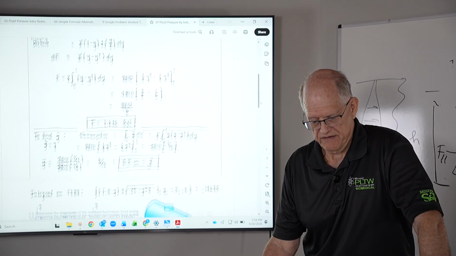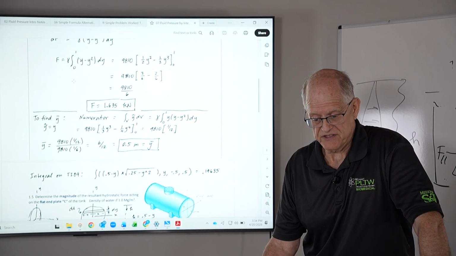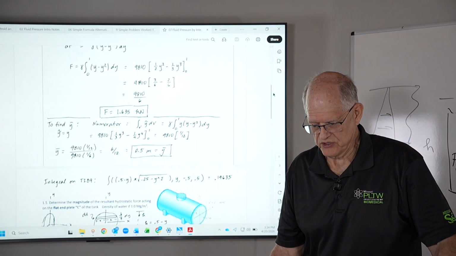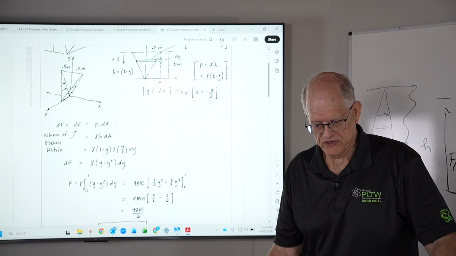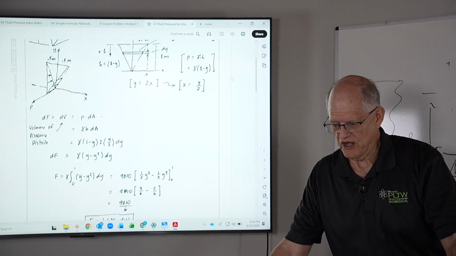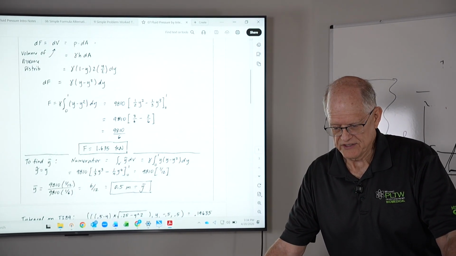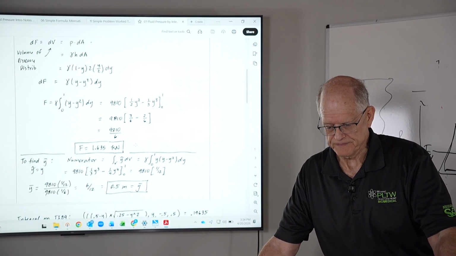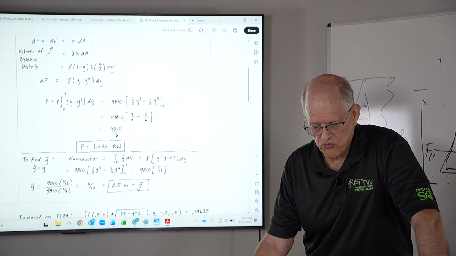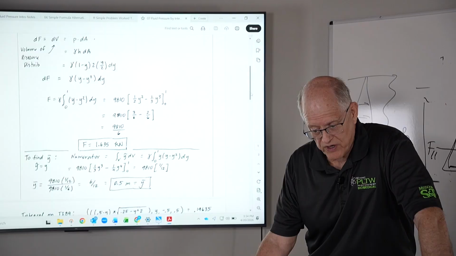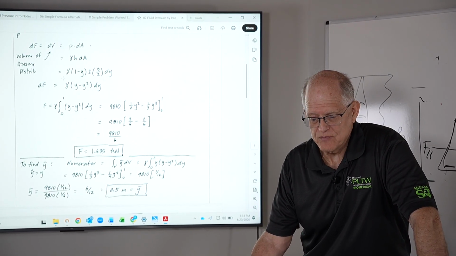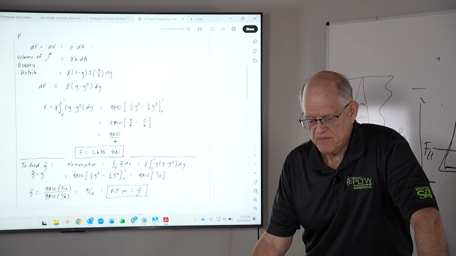And that's the volume of that pressure distribution. The pressure distribution on that triangular plate looks like this, but we've integrated it, and so the volume of that pressure distribution is 1.64 kilonewtons. If you wanted to find the location y bar, again, it's a centroid problem. Now you're just going to take a y times this dF and integrate.